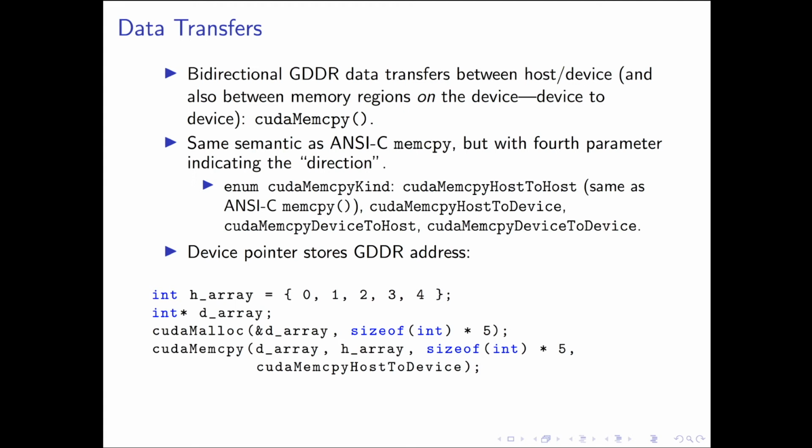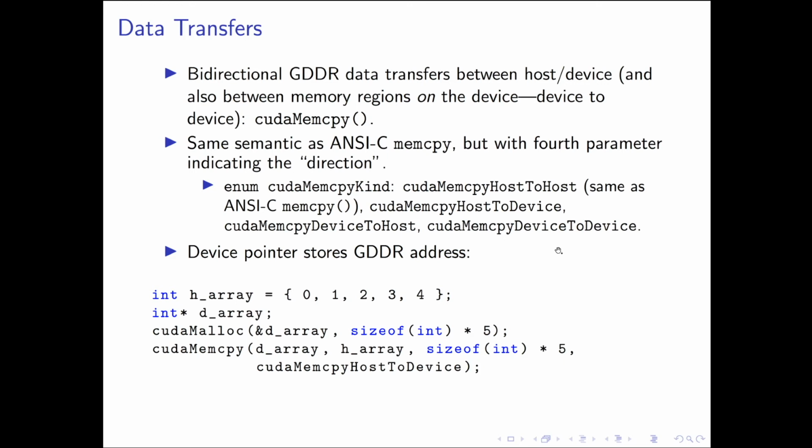And CUDA memcopy host to device allows me to copy data from the host to device, and CUDA memcopy device to host allows for the exact opposite. And then there's CUDA memcopy device to device, which allows me to copy from one memory region on the device to another memory region on the device.